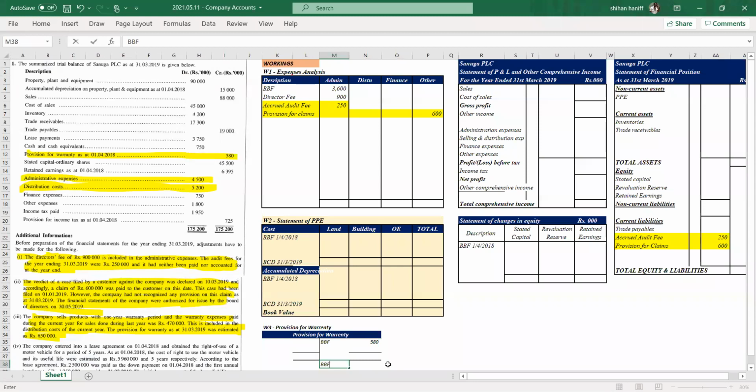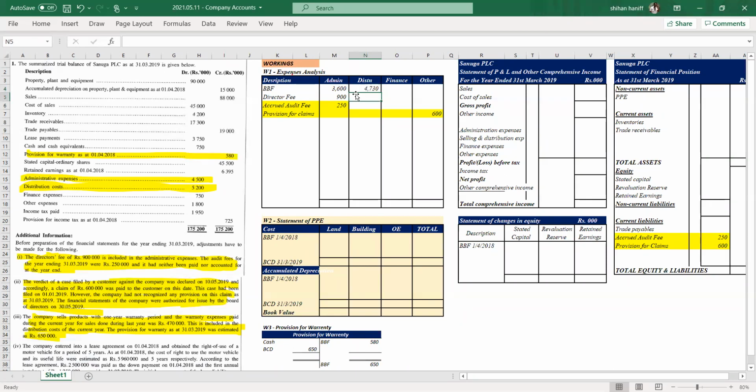The closing balance is given in the additional information, 650. The cash paid amount was in the distribution opening balance. Out of 5,200, the paid amount is 470.